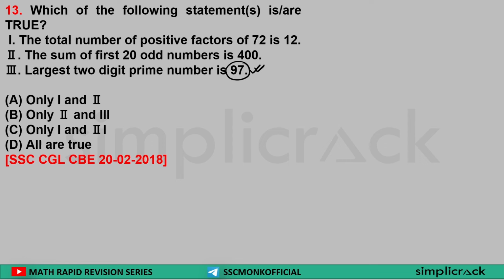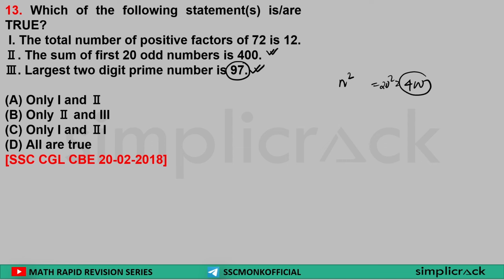Yes. Now second case, the sum of first 20 odd numbers. So what I told you in case of sum of odd numbers, what is the formula? Sir, the sum of first n odd numbers is equal to n square. Right? So 20 square is equal to what? 400. That means second is also correct.